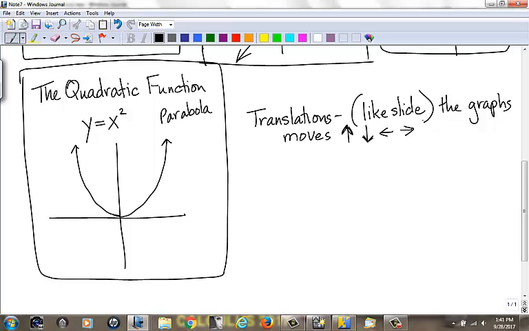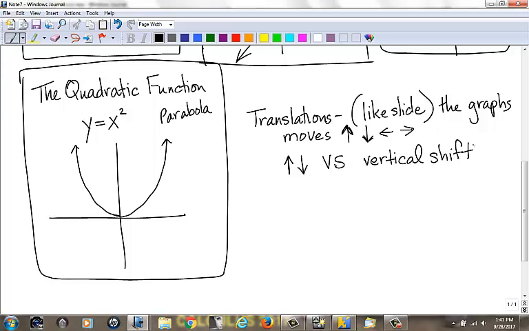Translations are slides. Now, to help get you ready for trig, I'm actually going to use what we do in trig. If you do a slide up or down, we're sliding the whole graph up or down, and we're going to call that a vertical shift. VS stands for a vertical shift, and you should just use VS. We'll go through some examples.